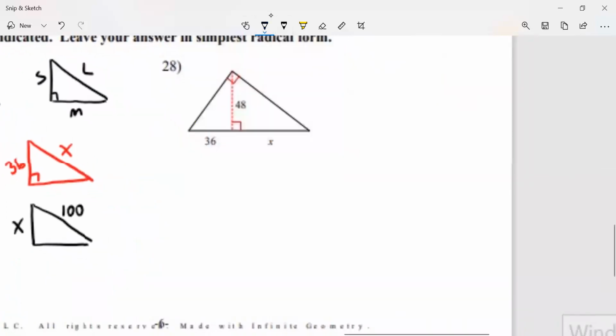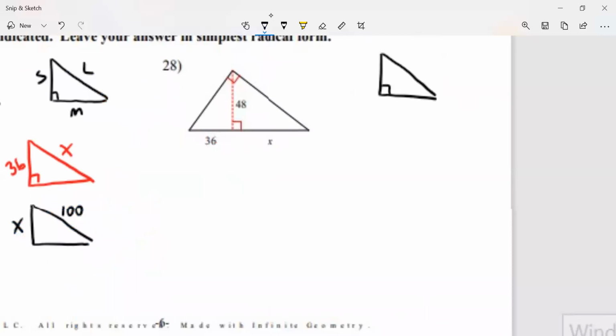I'm going to draw my black triangle here because I'm going to use this as a model. There's my 90-degree triangle. The small is going to go here, the medium is going to go here, and the large is going to go there. And again, there are 3 triangles here. There's a red triangle, and I know this is 90 degrees.